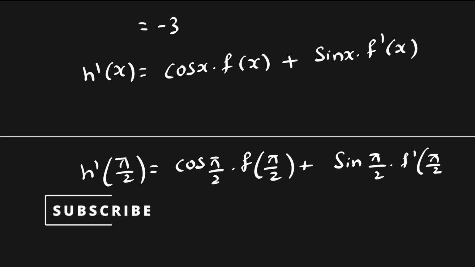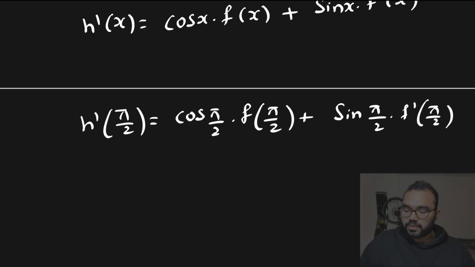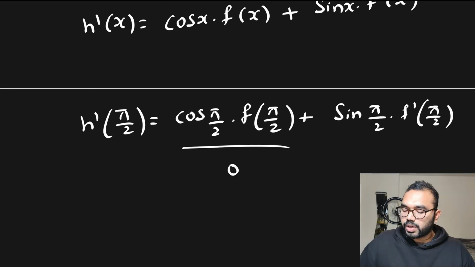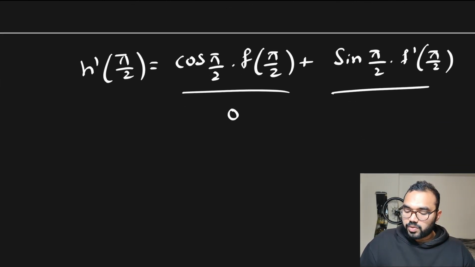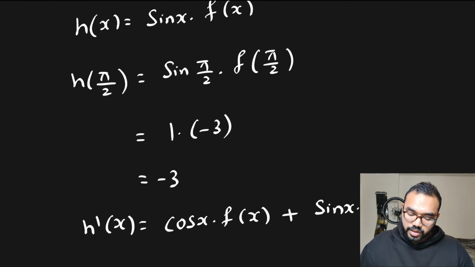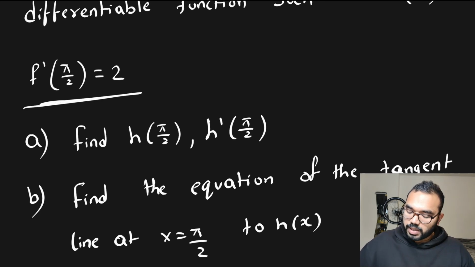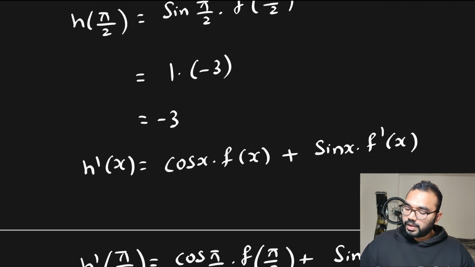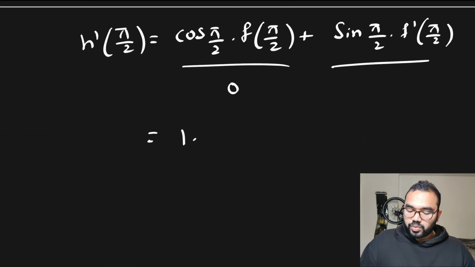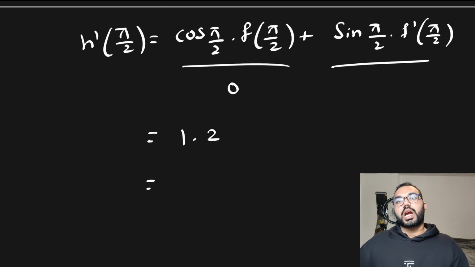Cos pi over 2 is 0, so that first term becomes 0, and only this one remains. Sin pi over 2 is 1, times f prime of pi over 2. Let's look at the question. F prime of pi over 2 is 2. So let's plug that in. 1 times 2 is 2. So h prime of pi over 2 is 2.